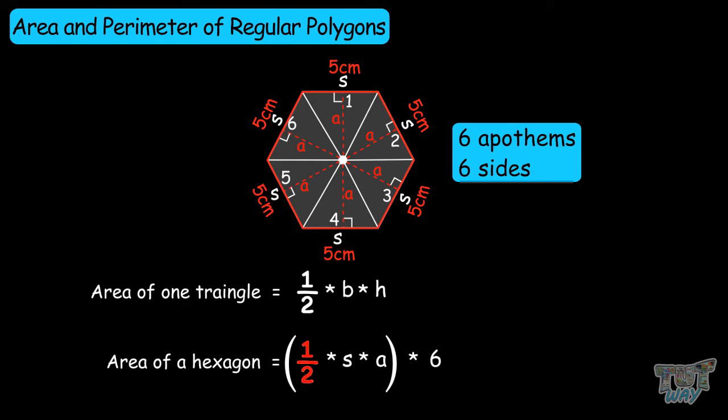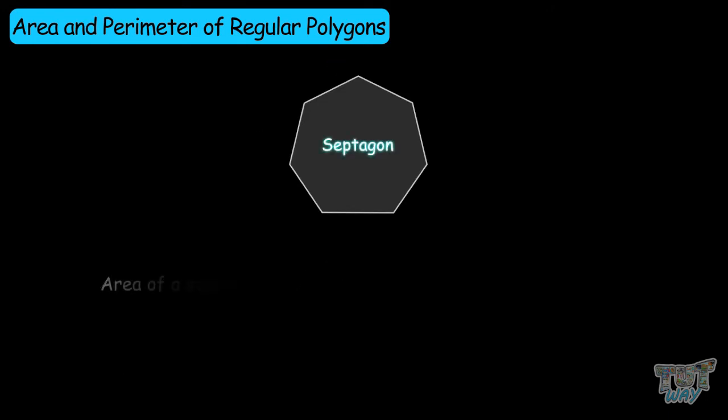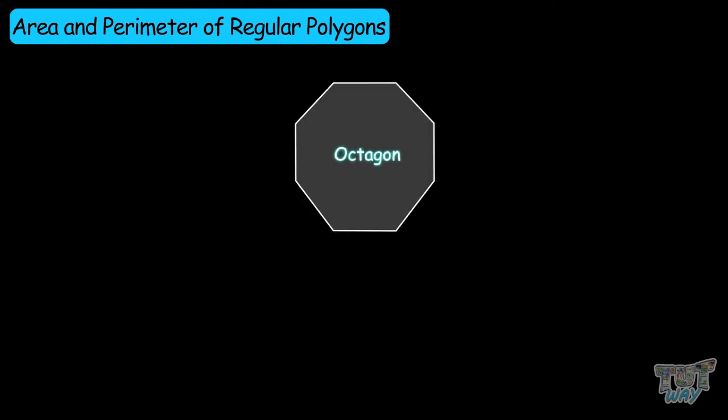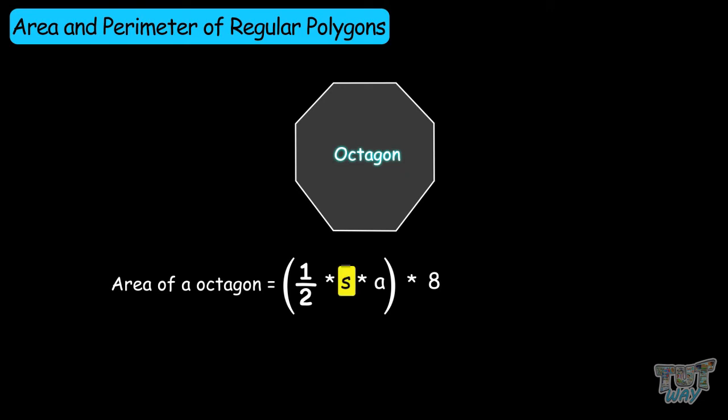The area will be half times S times A multiplied by 6. Similarly, in a septagon, you will multiply half times S times A with 7. In an octagon, half S A with 8.